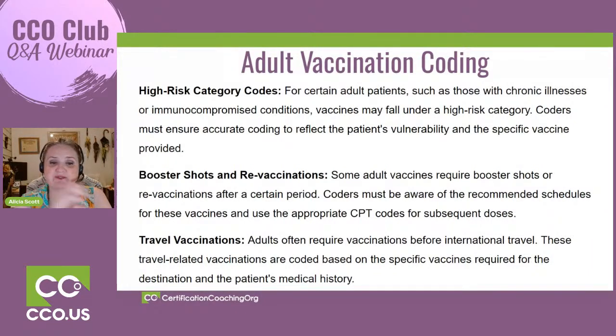Now, for those travel vaccinations, pretty simple. Just know that these are codes that are related to going to specific areas. You're not going to get a malaria vaccination unless you're going somewhere where you could get malaria. In other words, you're not going to go to your annual wellness visit and have a vaccination for malaria on the list.